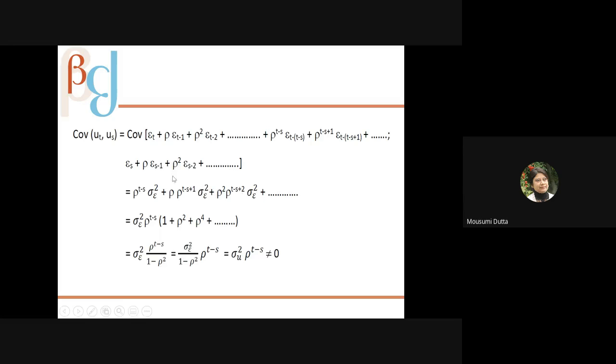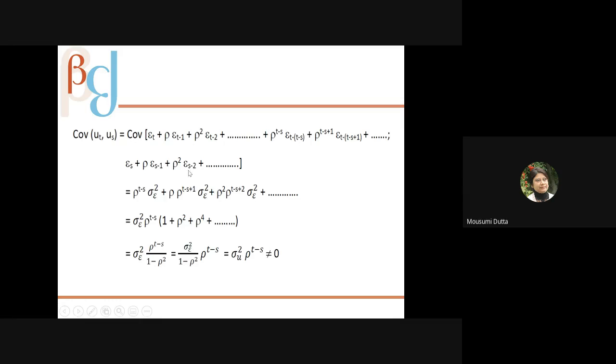As long as we are considering the covariance of epsilon t and epsilon s, or epsilon t and epsilon s minus 1, all these values are equal to 0 because epsilon follows the classical properties.